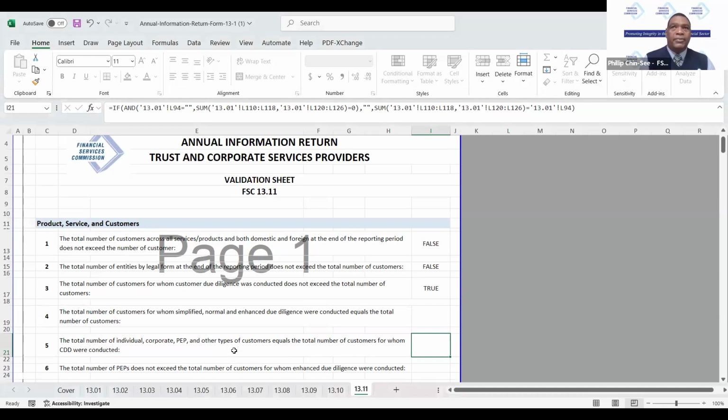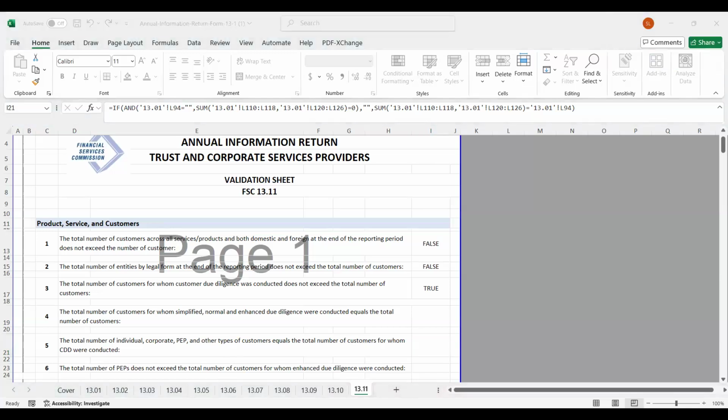So don't take this as a very final form as yet. For now it is, but from time to time we may need to tweak it. Because at the end of the day, we want it to be easier for you and easier for ourselves. Less work for us at the FSC. So just bear that in mind.